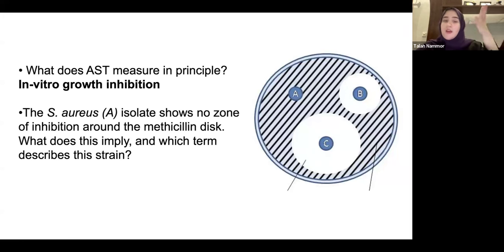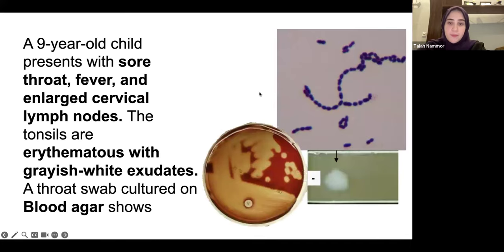MRSA, okay? طيب, a question that has nothing to do with OSPE. How do you treat MRSA? What's the first antibiotic that they usually use? Vancomycin. Perfect, guys.